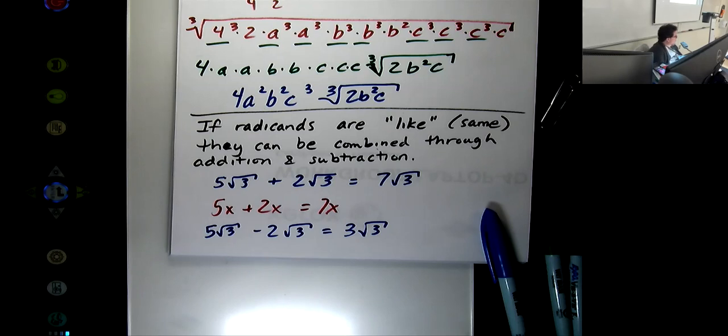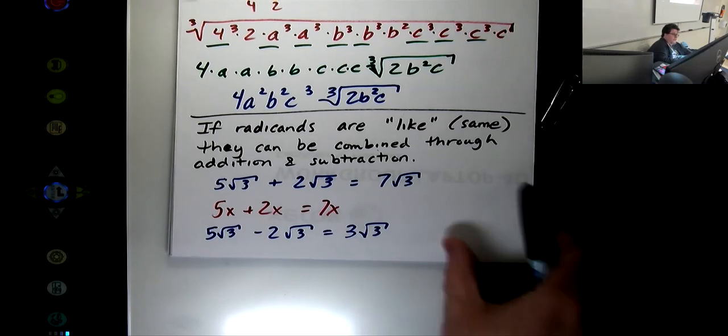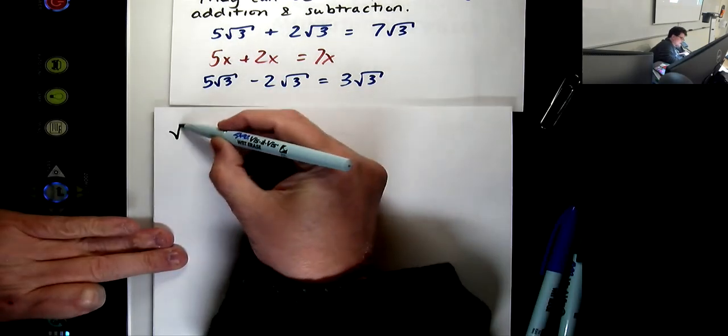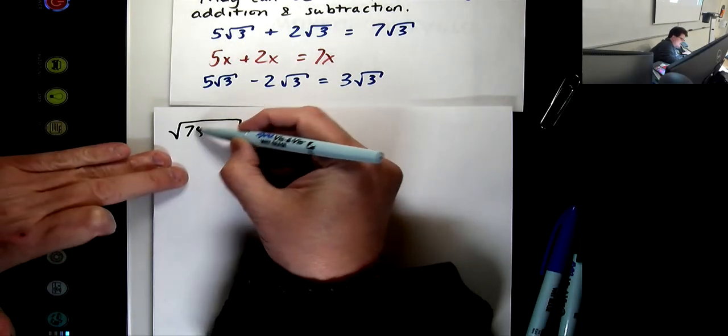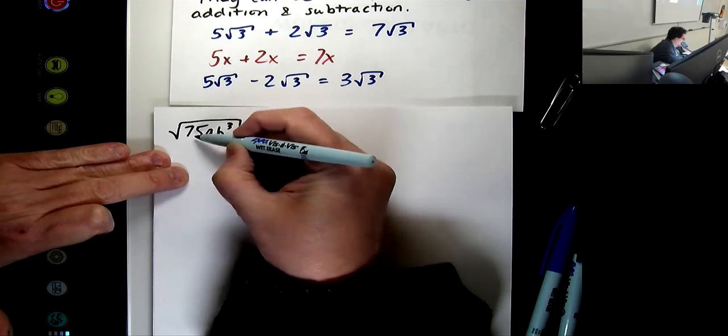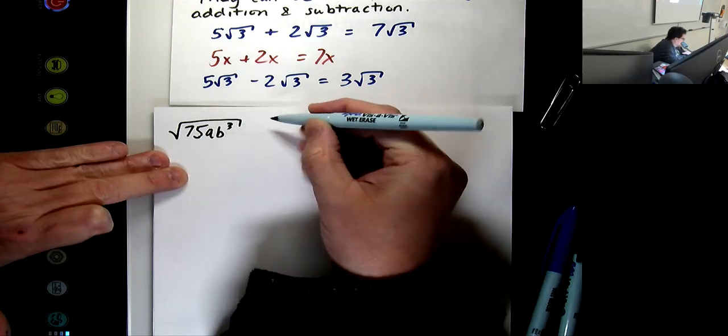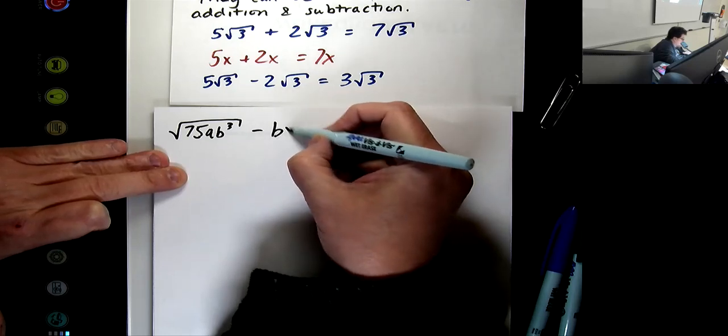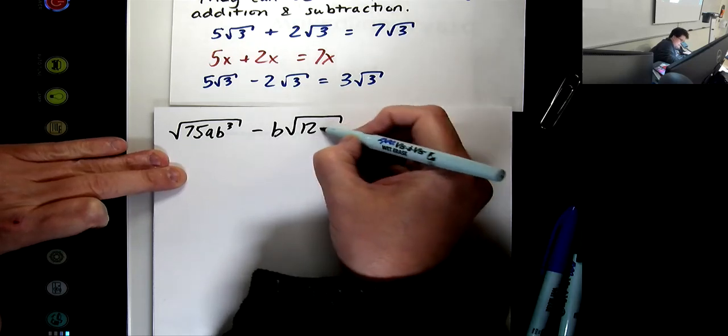Sometimes we might have to do a little work before we get to that step. You guys ready to do some work? Square root of 75 a b cubed minus b times the square root of 12 a b.